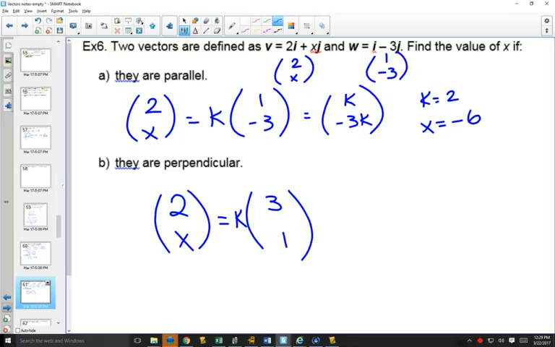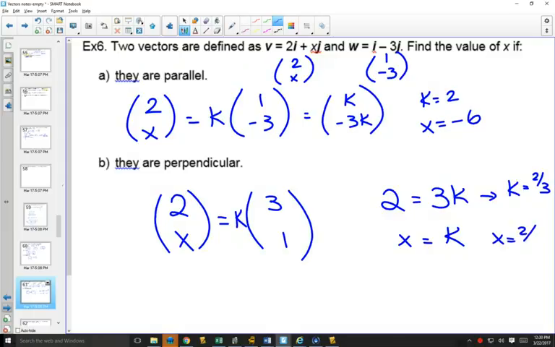This means that 2 would have to equal 3k and x would have to equal k. From here, it's easy to see that k would equal 2/3, so that makes x equal to 2/3.